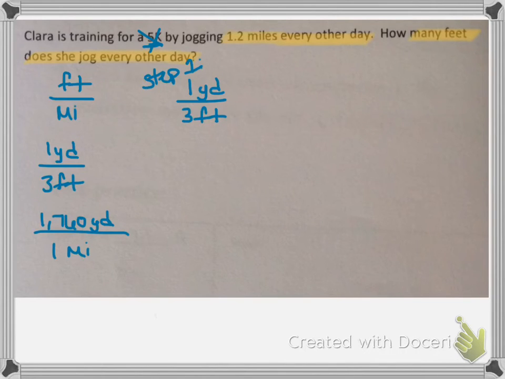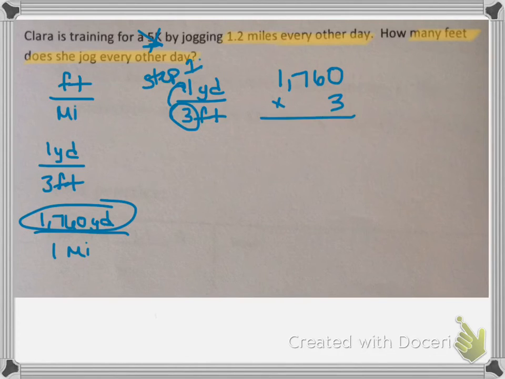So I want to know how many feet 1 mile is. What I'm going to do is take this fact right here and say that I have this many yards in 1 mile. Because it takes 3 feet to get to 1 yard, I'm going to multiply this many yards for my total feet for this situation.